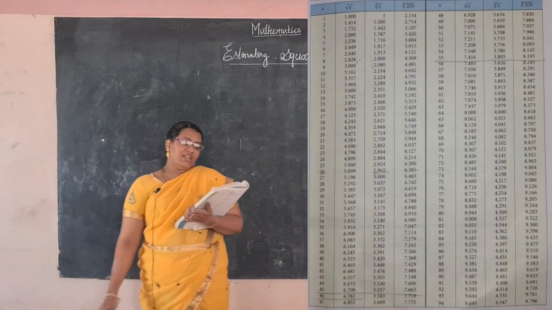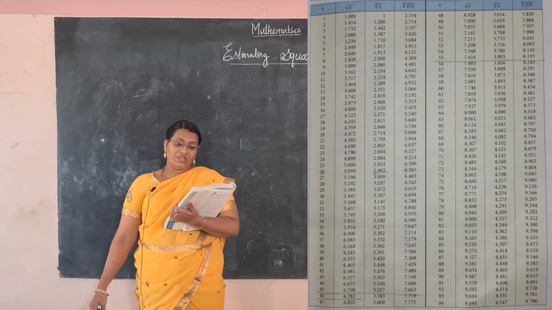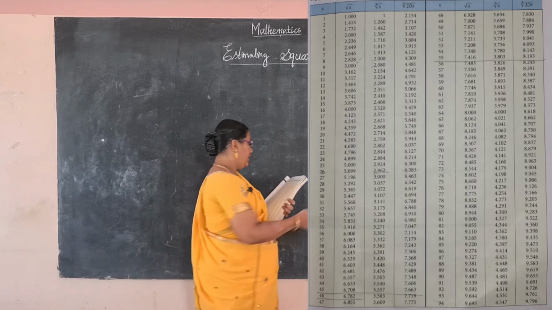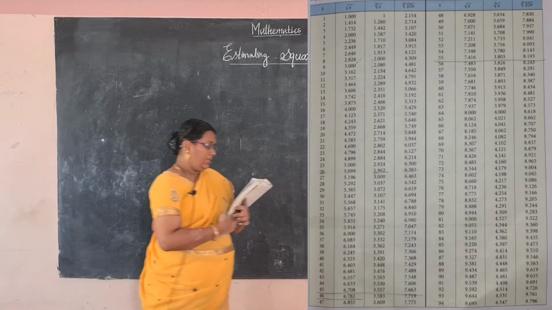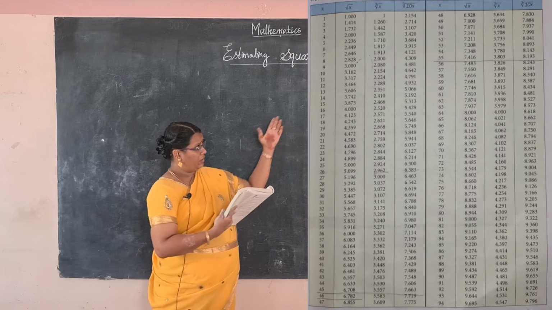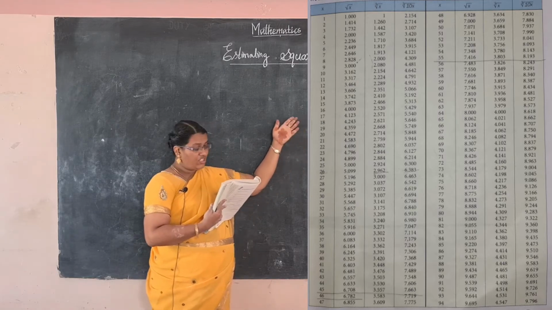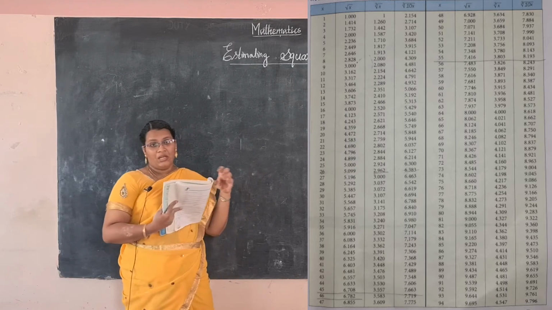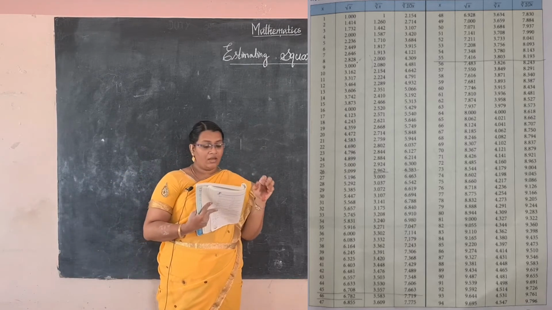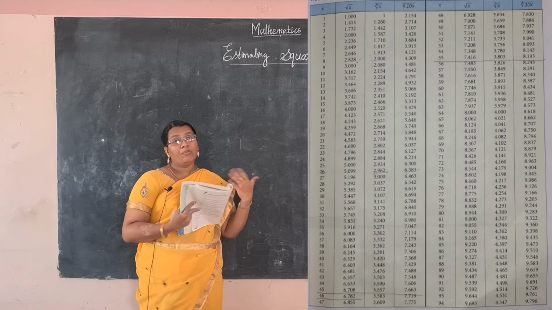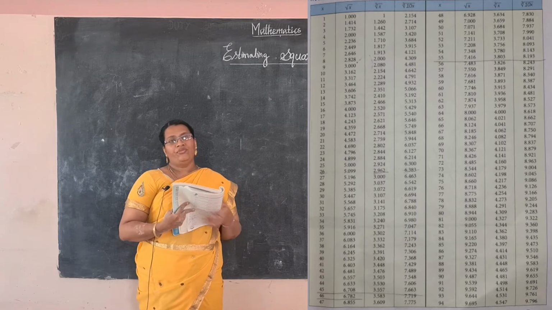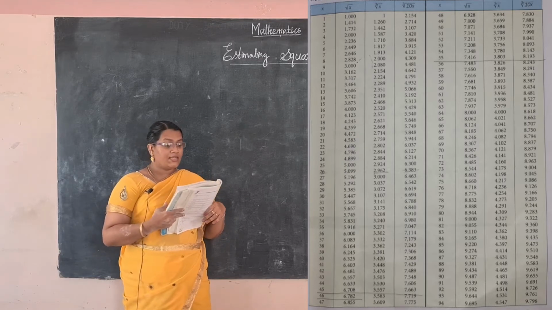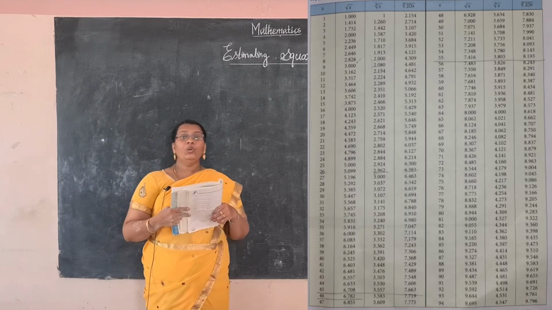We can estimate the square root and cube root of the given number with the help of the following table. You have seen the image on that side. The first column represents the number x. The second column represents the square root of x. The third column represents the cube root of x.